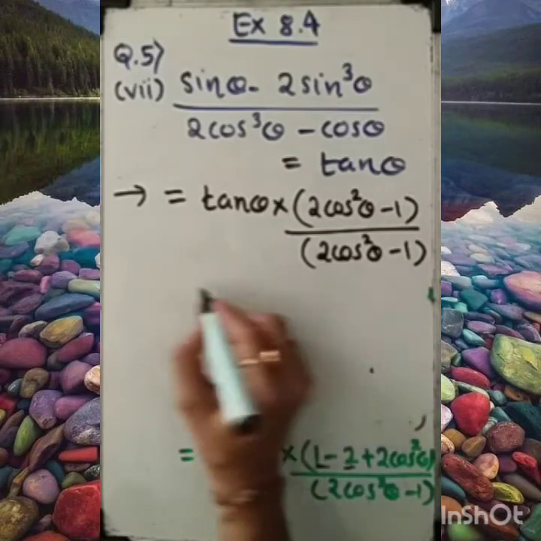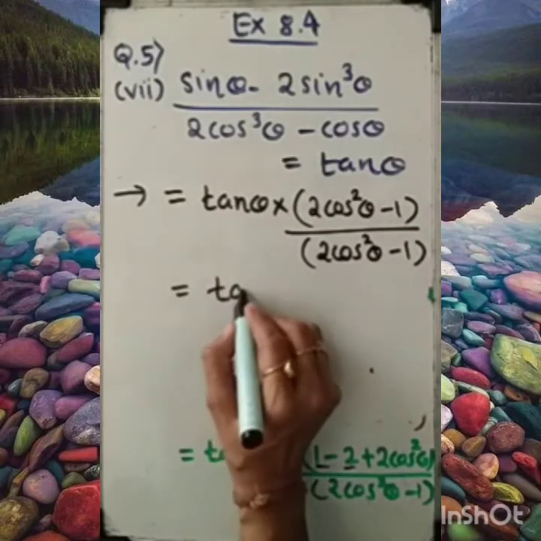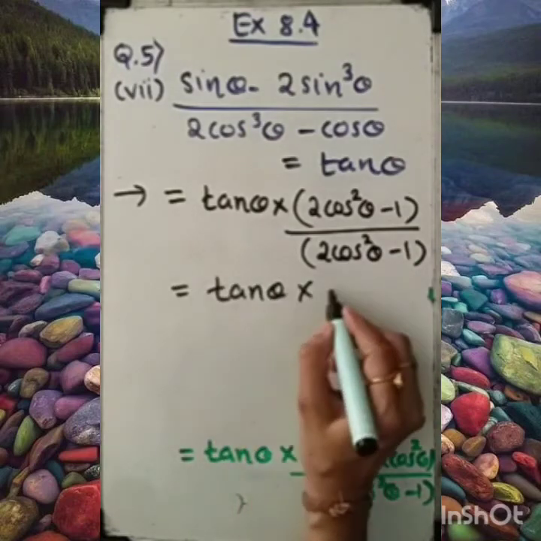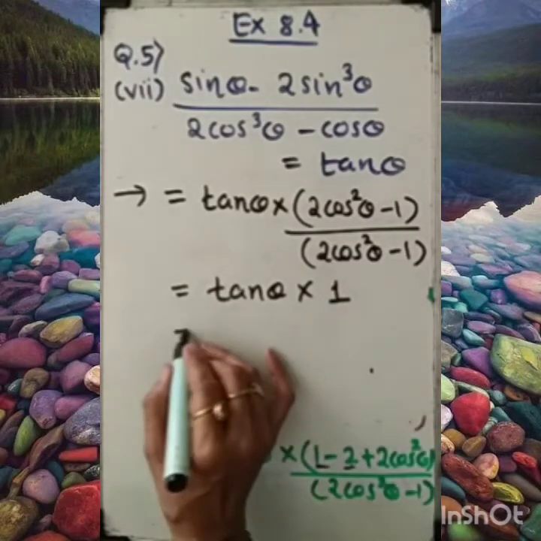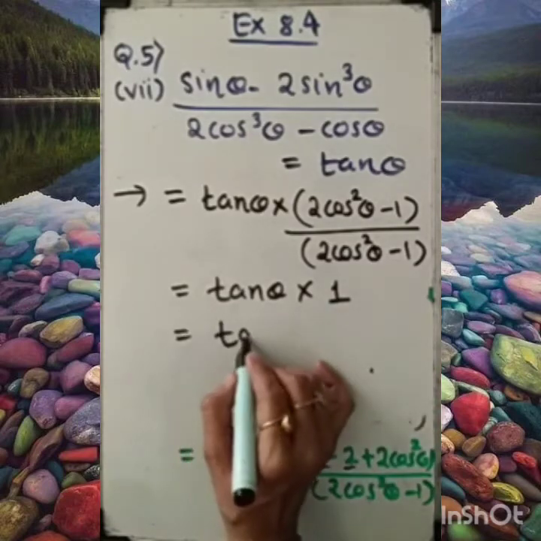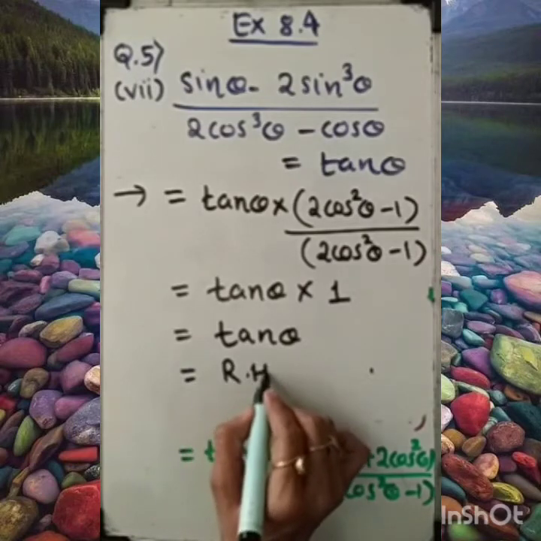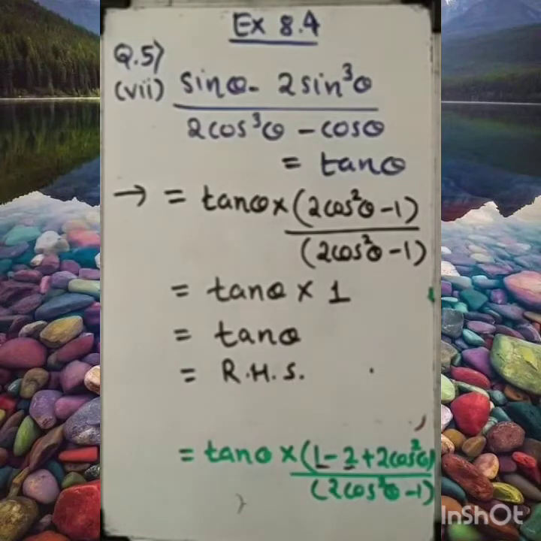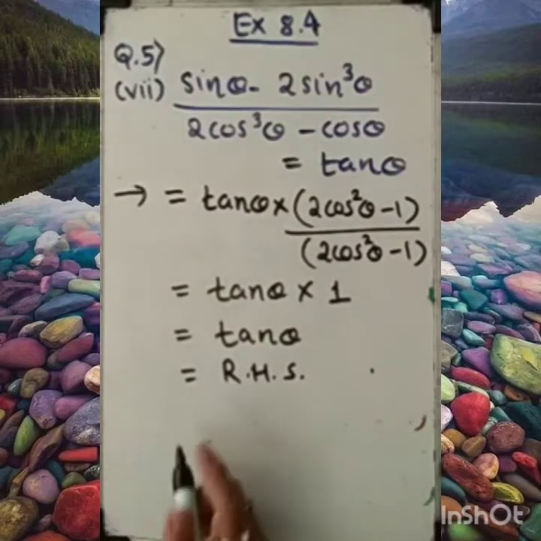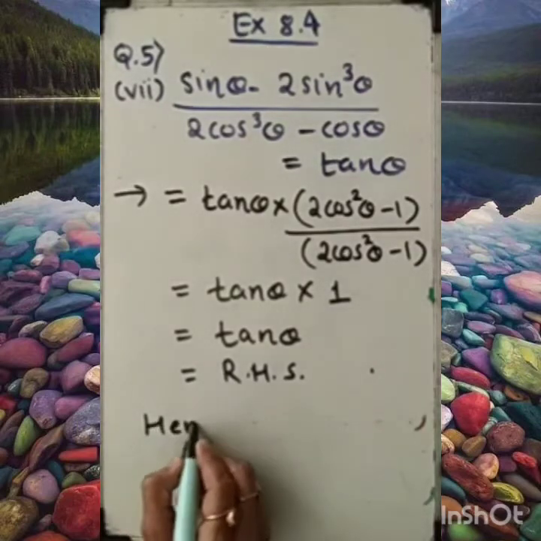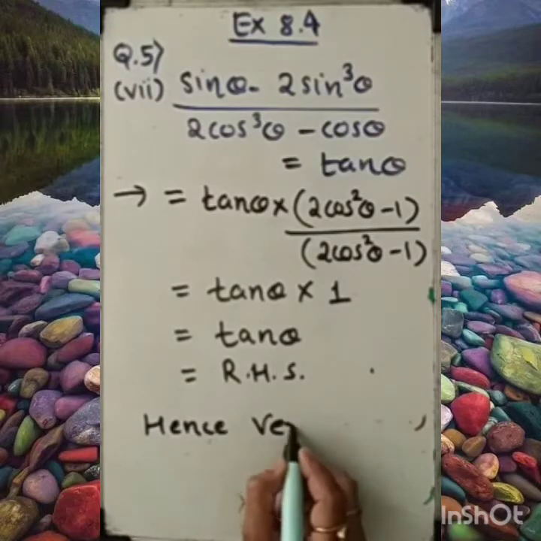Both they are now similar. So what I have to do, instead of cancelling, you can mention 1. Tan theta into 1, that is tan theta, and that is equal to your RHS, right hand side. So we can say hence verified.